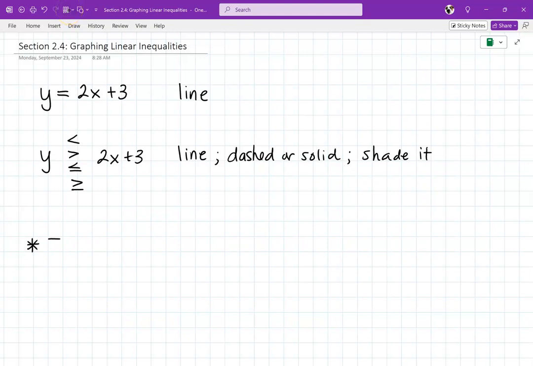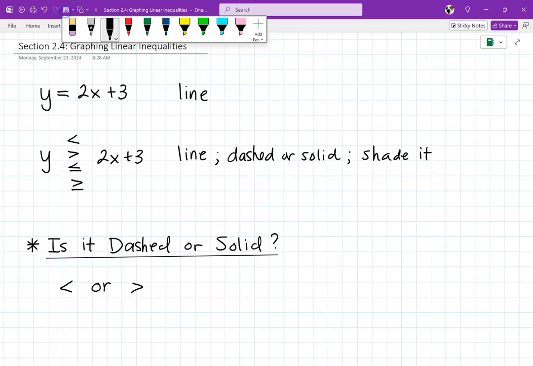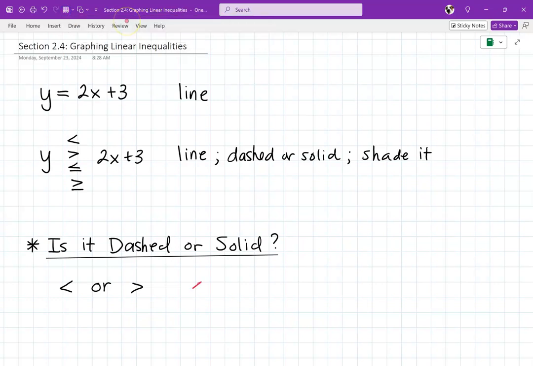Is it dashed or solid? That's the first part. If it says less than or greater than, the line should be dashed, it should look something like that.